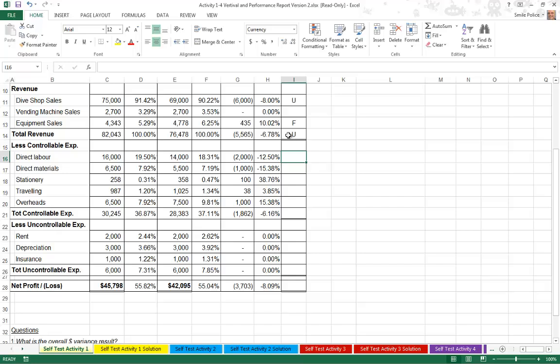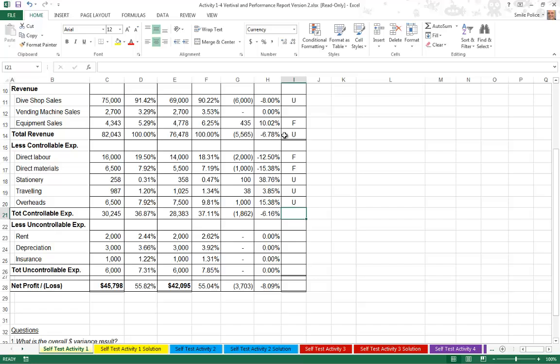Direct labour, we actually spent less, so we're happy about that: F, favorable. We spent less on direct materials, so we're happy about that. We spent more on stationery, so we're unhappy. We spent more on travel, so we're unhappy. And we spent more on overhead, so we're unhappy about that.